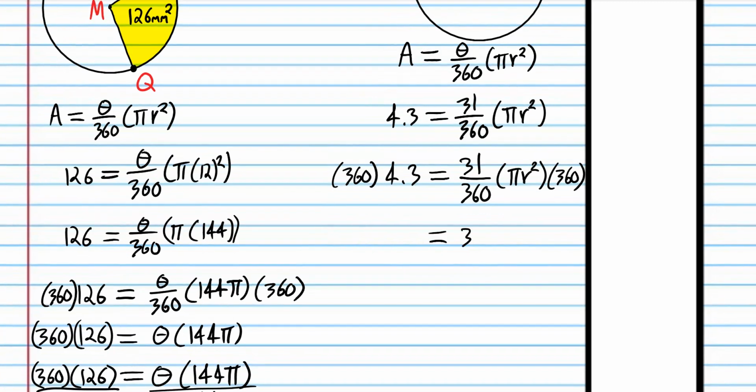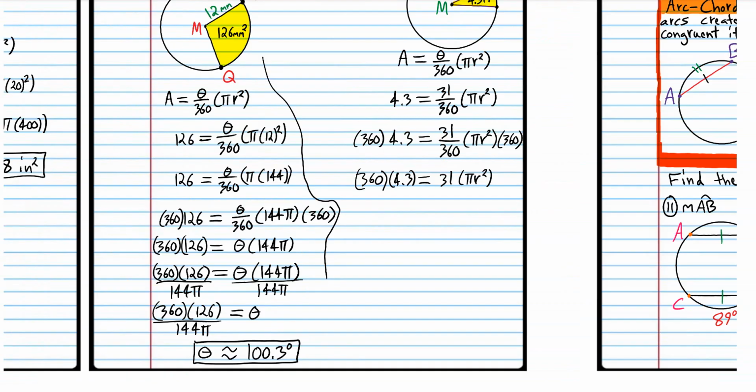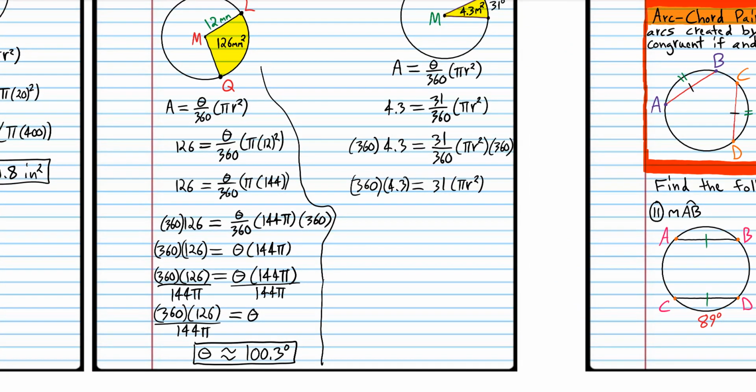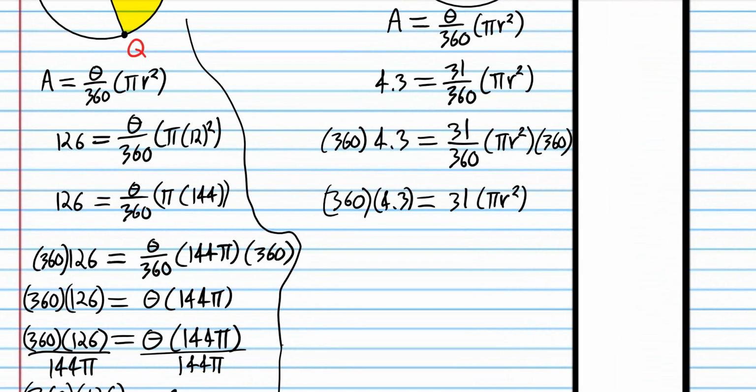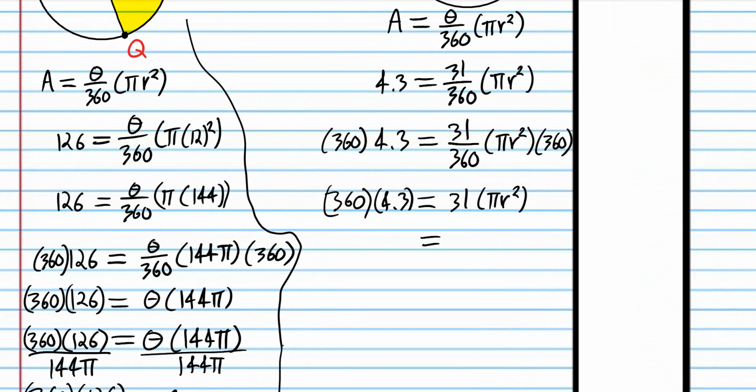And then we get 31 times pi r squared equals whatever 360 times 4.3 is. And I'm going to put a little divider here. And now I'm going to regroup. I'm going to put the 31 and the pi next to each other.